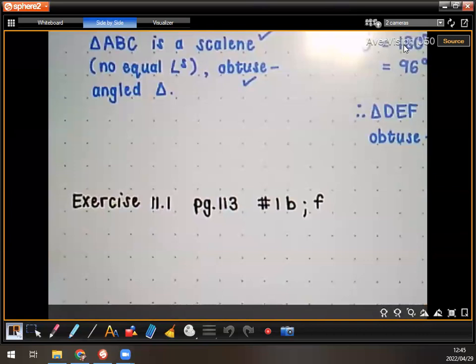Okay, number 1, B and F. Yes, it's in the Platinum textbook, guys. So just try to classify the triangles; you're going to have to do that at home because it is time to go.